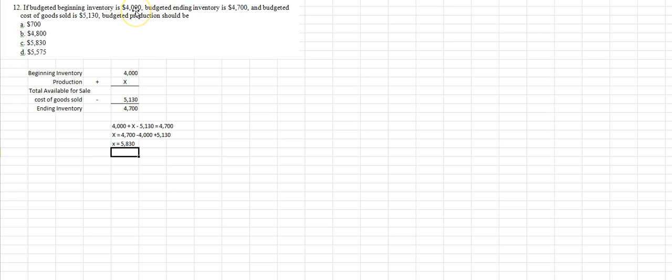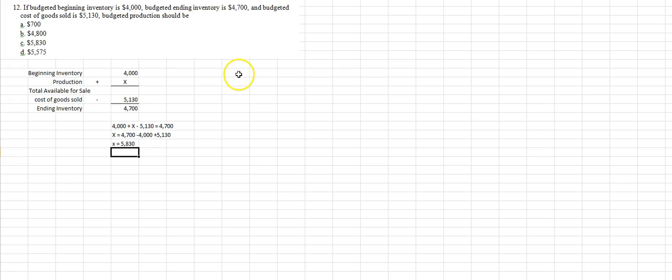So if I want my production to be 700 greater than what I sold, I'm going to look at my budgeted sales. My budgeted sales is 5,130. So the only way that I could get my inventory to go up from 4,000 to 4,700 is to produce 700 more than what I sell, 700 more than the 5,130.